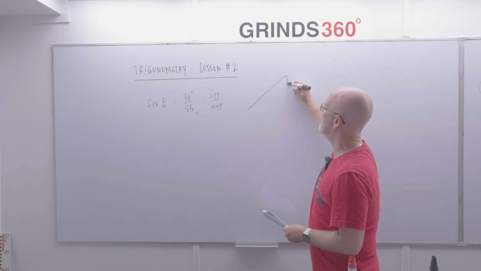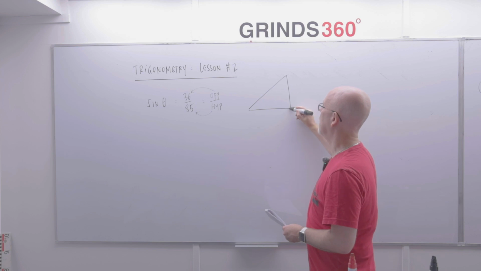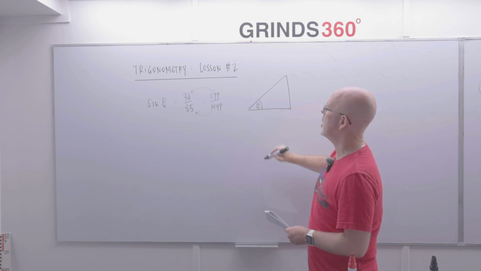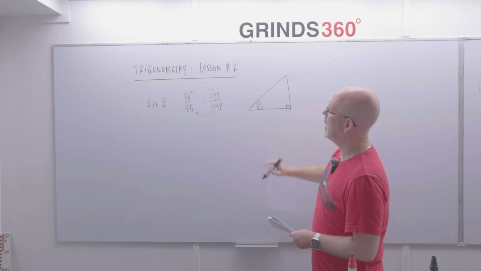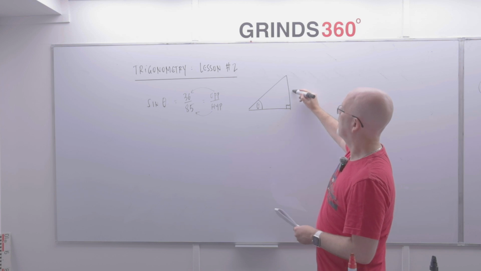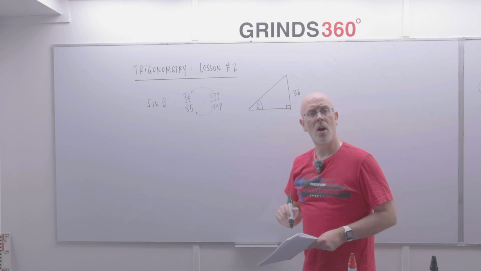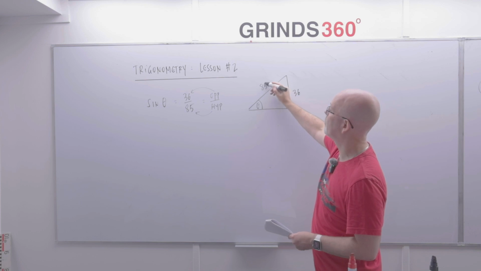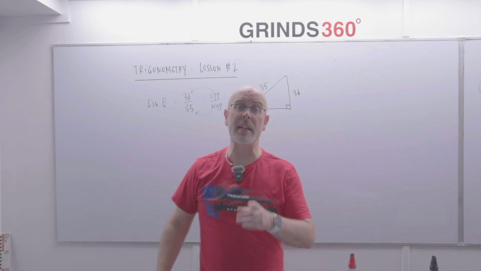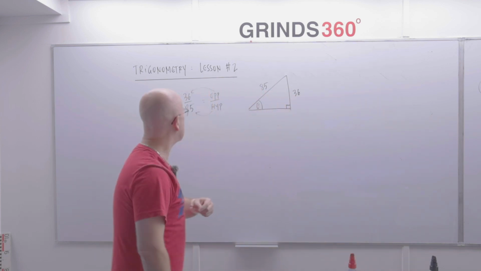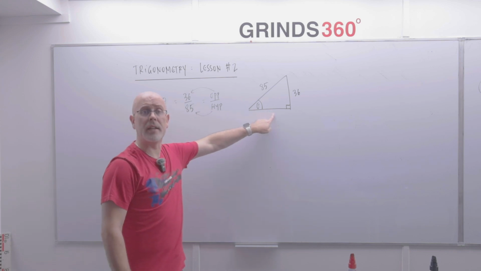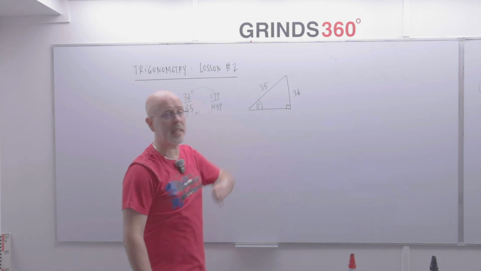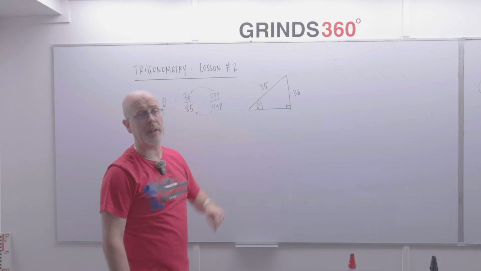If I do a very simple sketch, there's theta there, there's my right angle, and the opposite is this side here, that's 36. The hypotenuse is opposite the right angle, this one up here, that's 85. So when he tells me that the sine of theta is 36 over 85, the triangle looks like this. It's a right angle triangle, the side opposite the angle theta is 36 and the hypotenuse is 85.